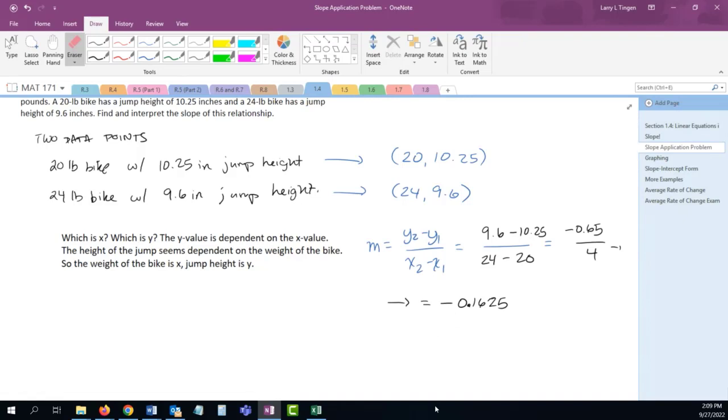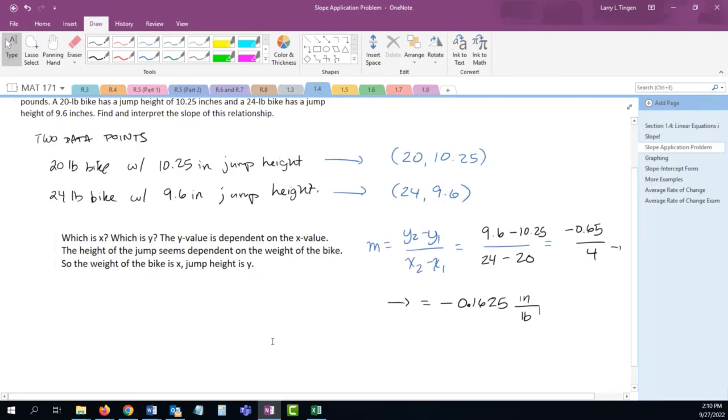Okay, what are the units that I was dealing with? Well, y2 and y1 are inches, right? And x2 and x1 are pounds. So this is negative 0.1625 inches per pound, right?